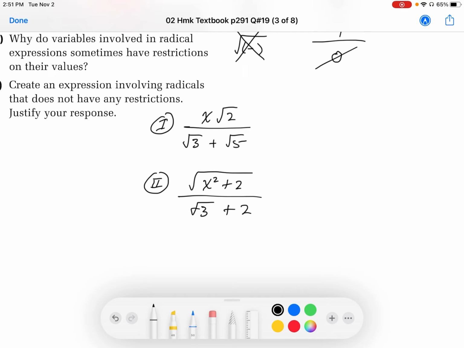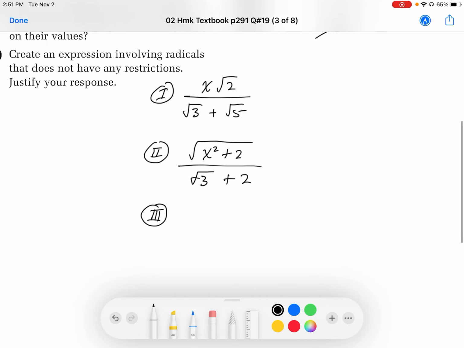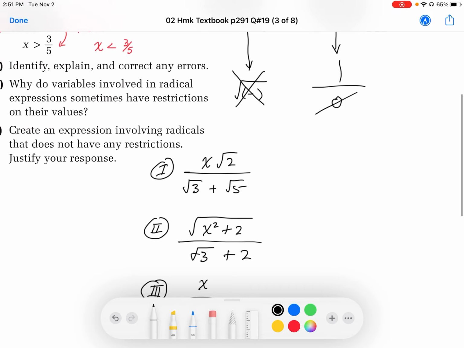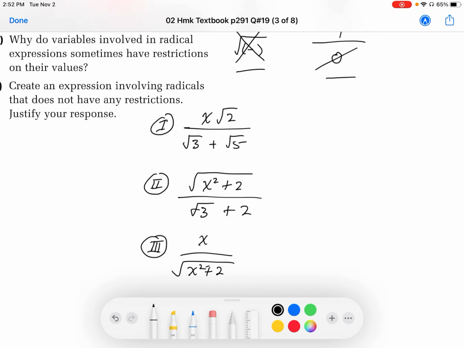We could also put that in the denominator. So this is 3 of infinite solutions. I could actually put that into the denominator because x squared plus 2, not only is it not negative, but it's not equal to 0. So it satisfies both parts of the restrictions here and here. So that would be a justified solution.